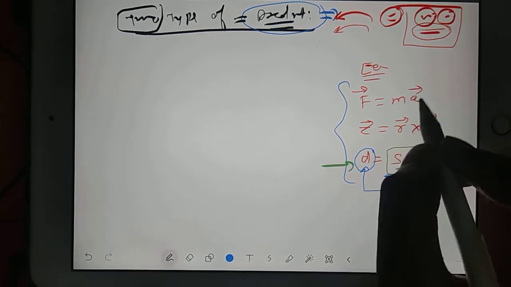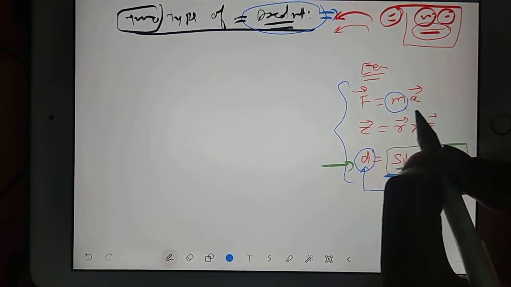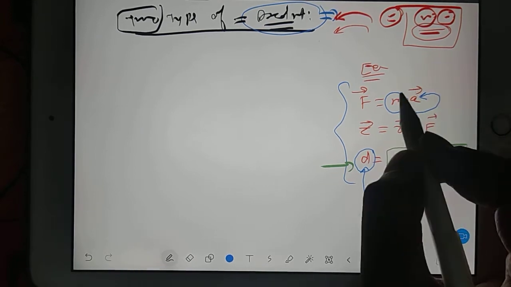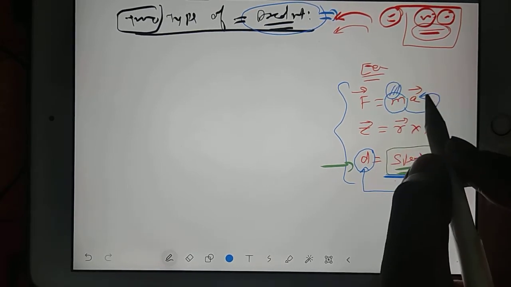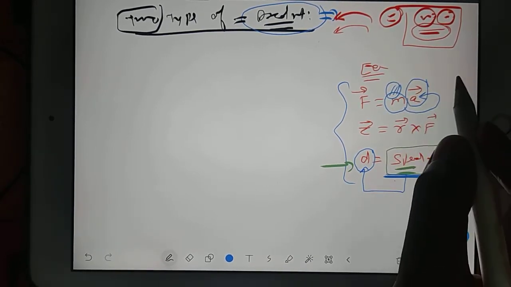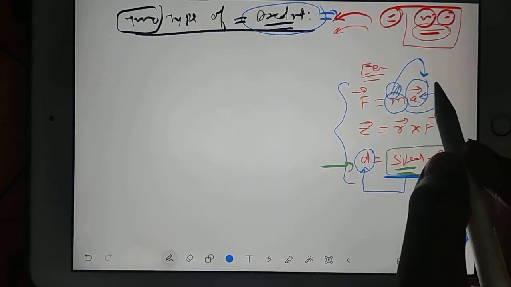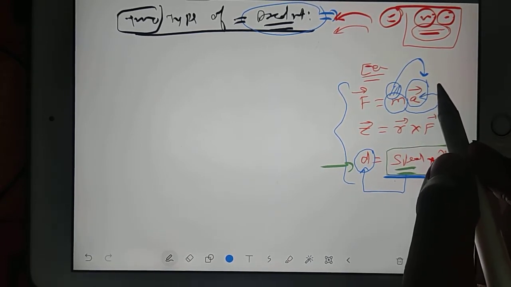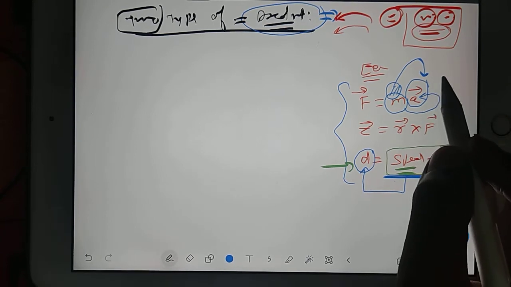But when you are multiplying one scalar quantity with a vector quantity, then this scalar quantity will just change the size of the vector. It will not change the direction of the vector. It will only change the length of the vector, correct?